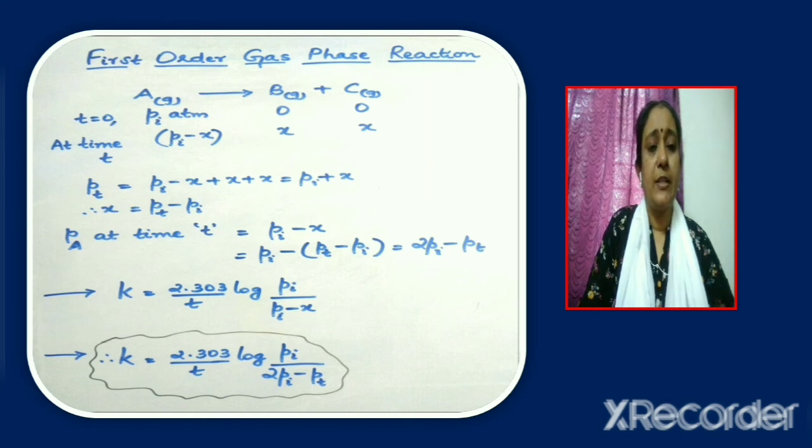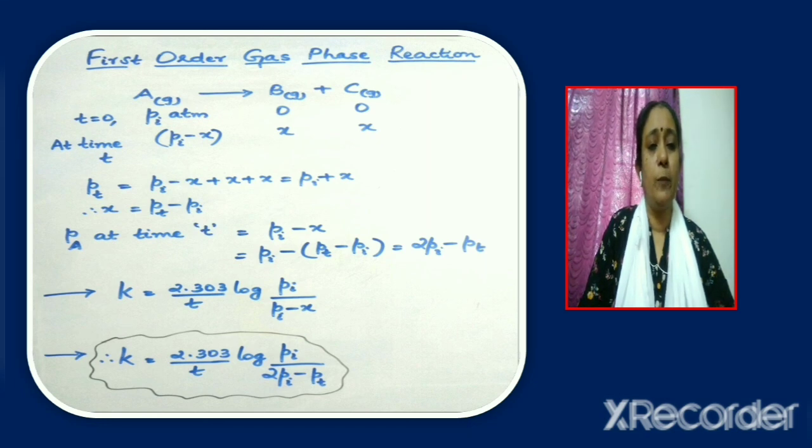So what will be the rate constant K equal to? The rate constant K will be equal to 2.303 by t log Pi by Pi minus X. Here instead of the concentration of the reactant, we have to take the pressure of the reactant at time t is equal to 0, that is initial pressure, and the pressure at time t. The initial pressure is Pi.